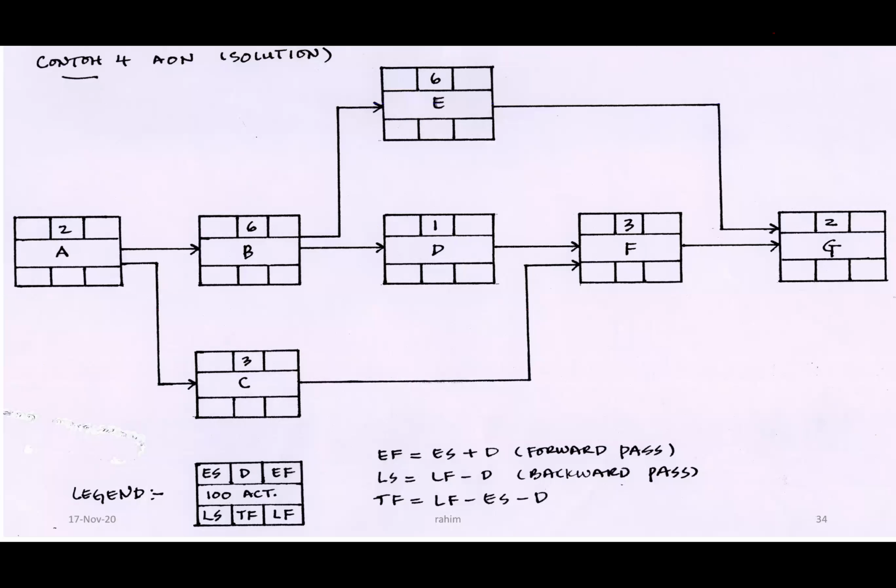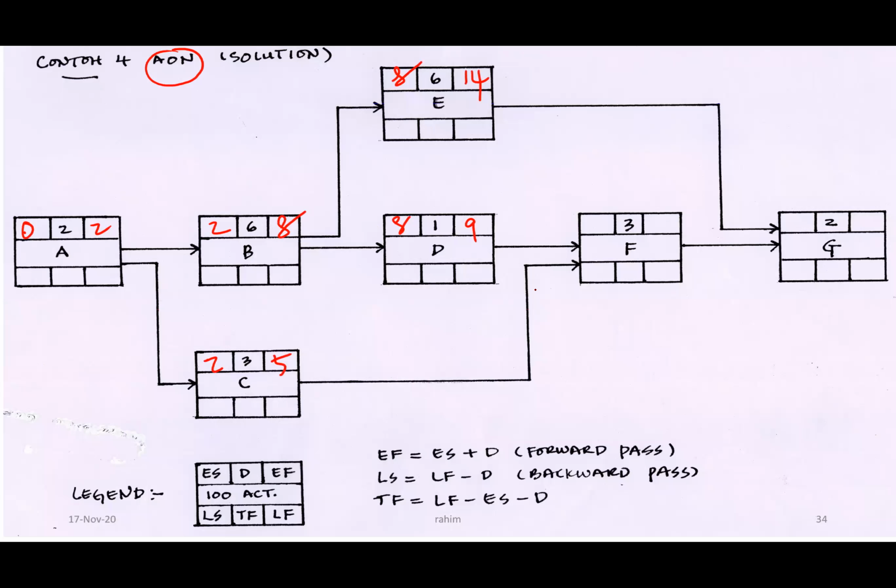All right, so one simple example. For instance, we start with 0. This is an AON diagram. Start with 0. 0 plus 2 equals 2. 2 transfers here, 2 transfers here. 2 plus 6 equals 8. 2 plus 3 equals 5. 8 transfers here. 8 plus 6 equals 14. 8 transfers here. 8 plus 1 equals 9.